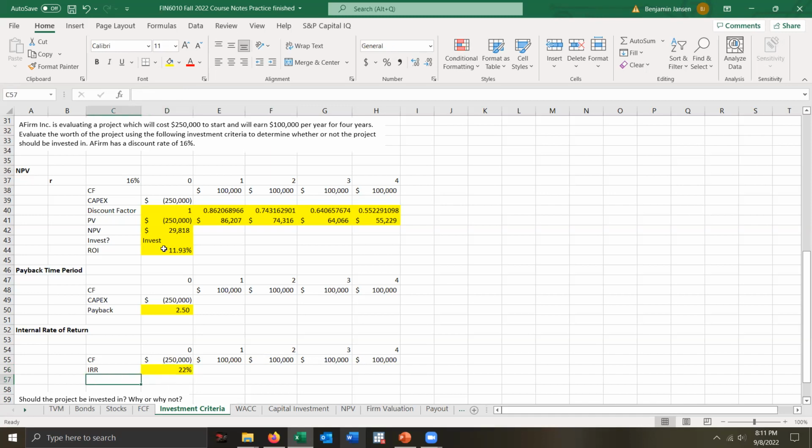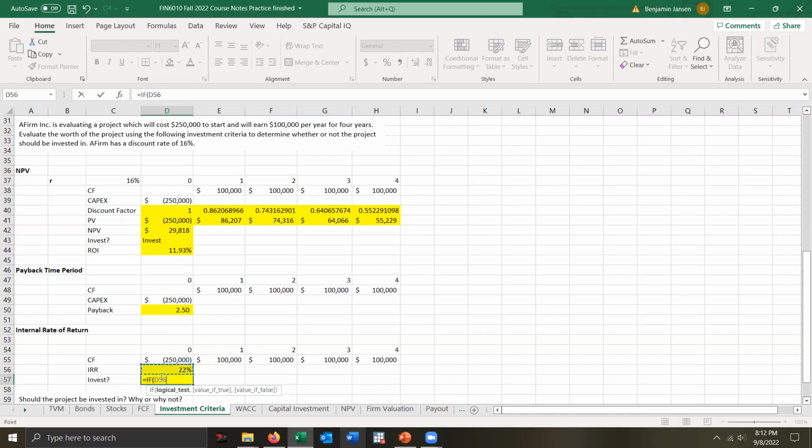All right, so let's set up, are we investing or not? We're going to set up our nested if statement here. If our internal rate of return is greater than our discount rate, invest.